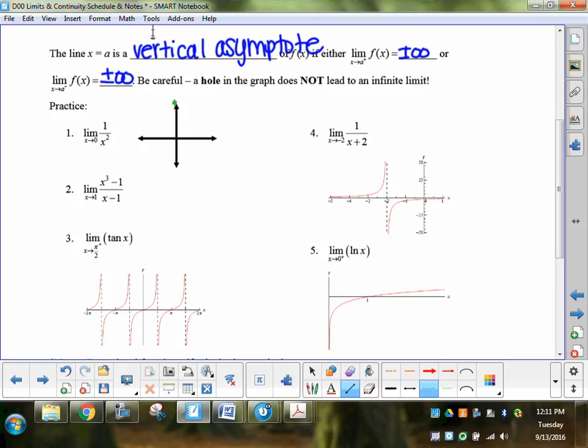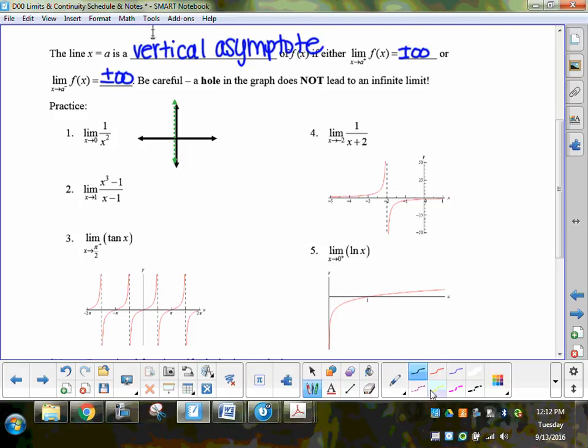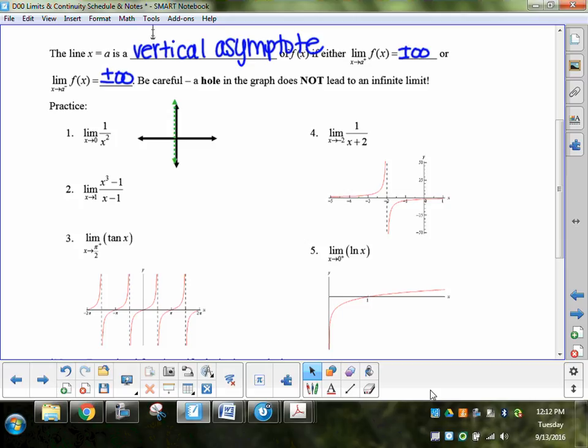Now, to figure out what the function is doing, think about the x's that you're plugging in. On the right-hand side, are the values positive or negative? Positive. So what's 1 over 5 squared, or 1 over 25? Is that a positive number or a negative number?